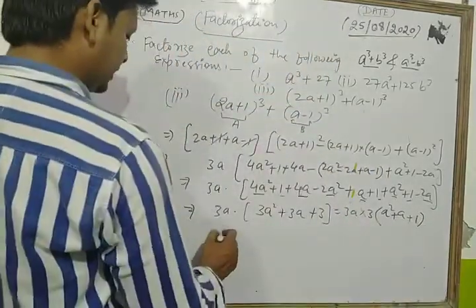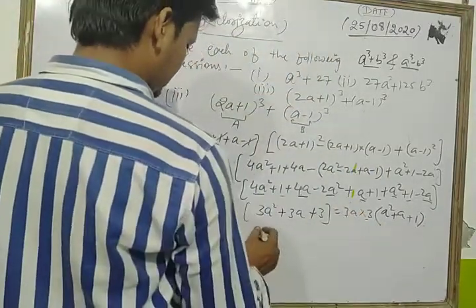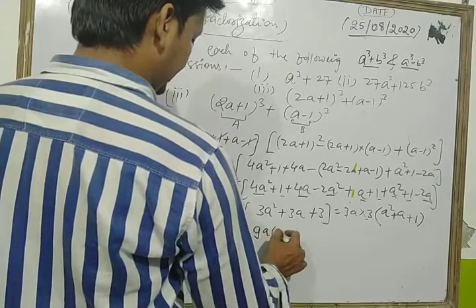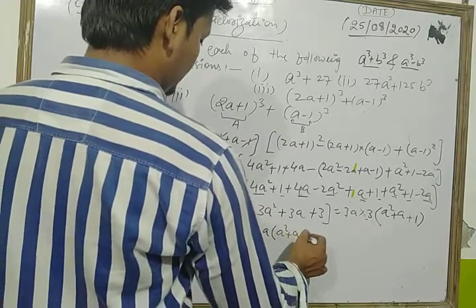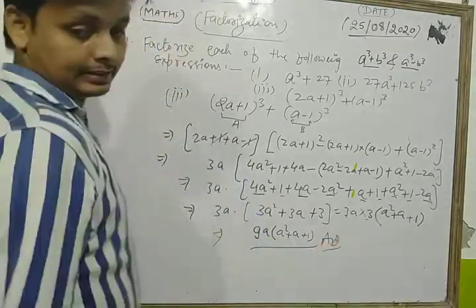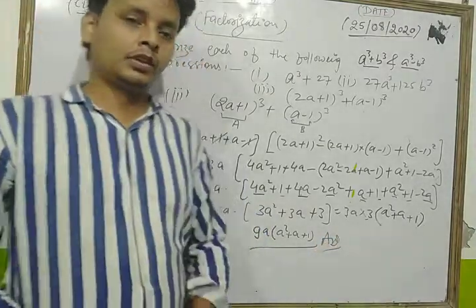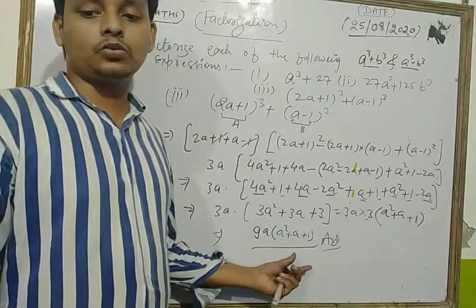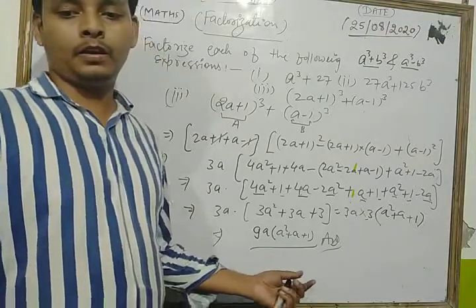So in this way we get our result as 3 threes are 9a and bracket a square plus a plus 1. So this is our final answer: 9a in bracket a square plus a plus 1.